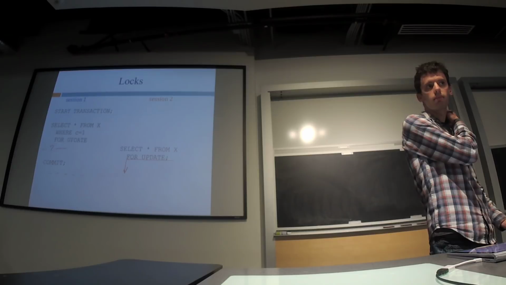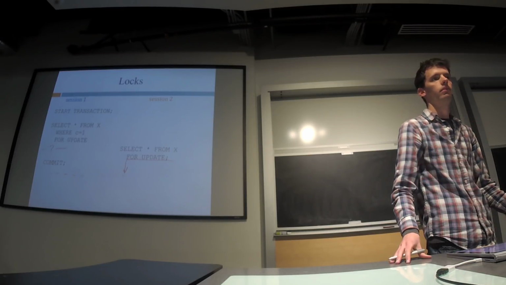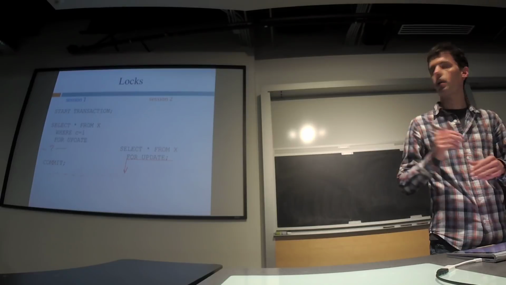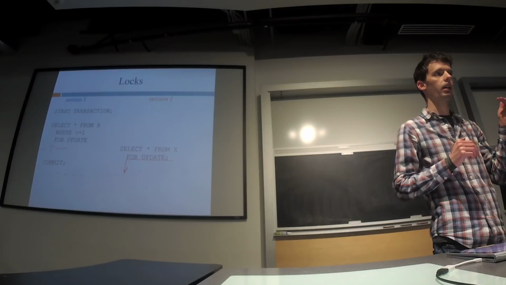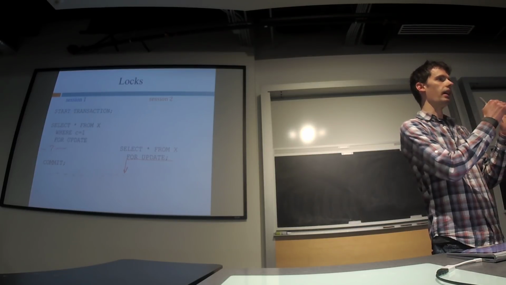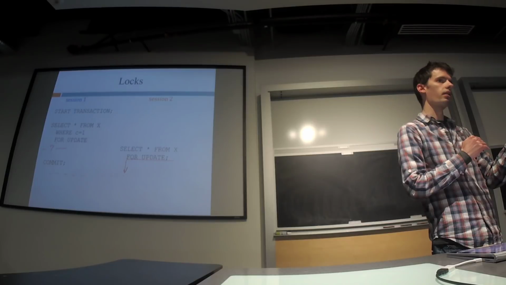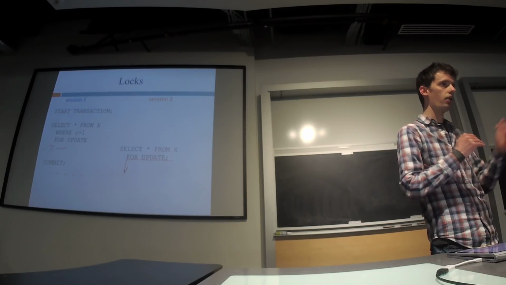Oh, so you're like flagging. Yeah, you're basically saying I'm going to update this, which means if I ever read a value from it, and I select it for update, then I need that value to be consistent no matter what until I do my change.